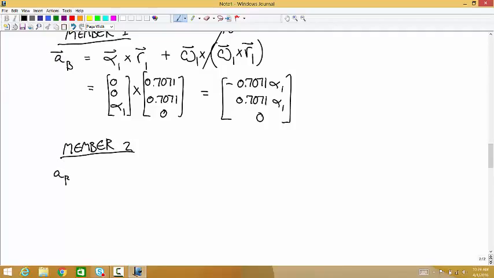the acceleration of B relative to the ground is equal to the acceleration of B relative to the center of mass of 2 plus the acceleration of the center of mass of 2 relative to the ground. So why do we need relative motion for this one and we didn't for the first one? There's no fixed point, yeah.